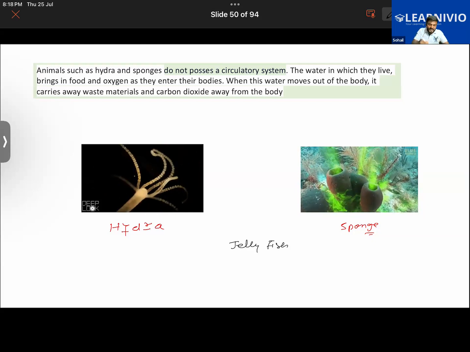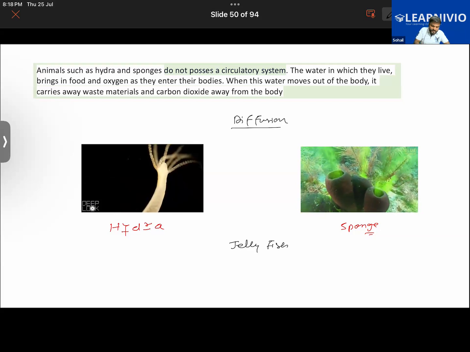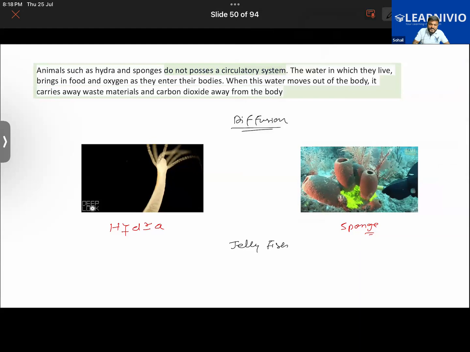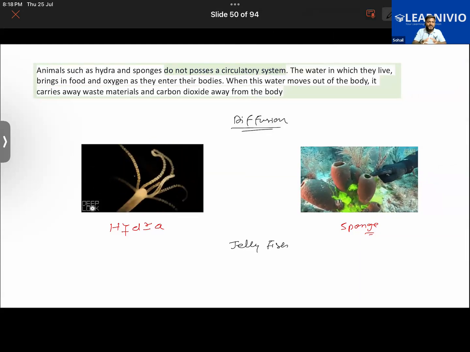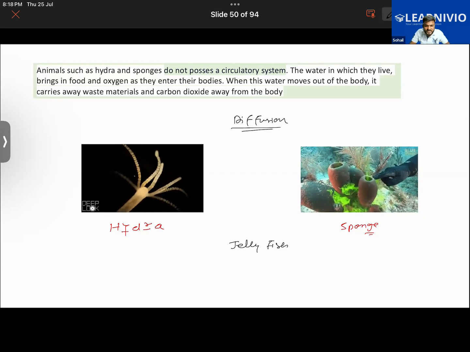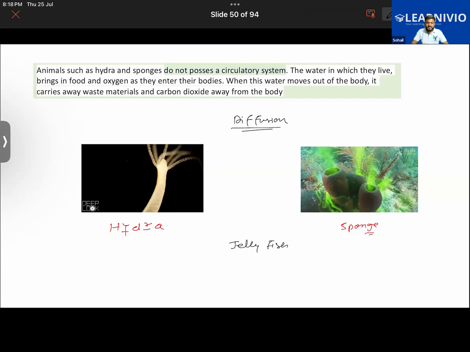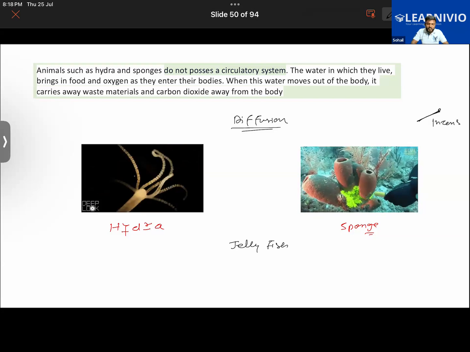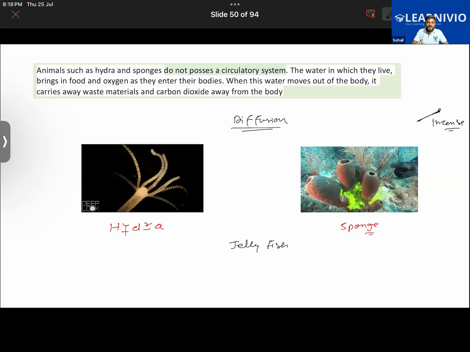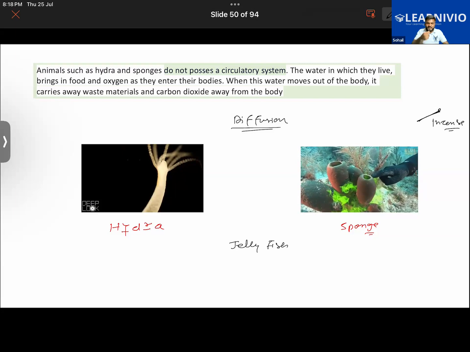They simply rely upon a process called diffusion. Diffusion is a process where substances move from one place to another due to a difference in concentration. Just like, for example, if you place an incense stick in the corner of the room, and you're sitting several meters away from that incense stick, you will still be able to sense the smell.